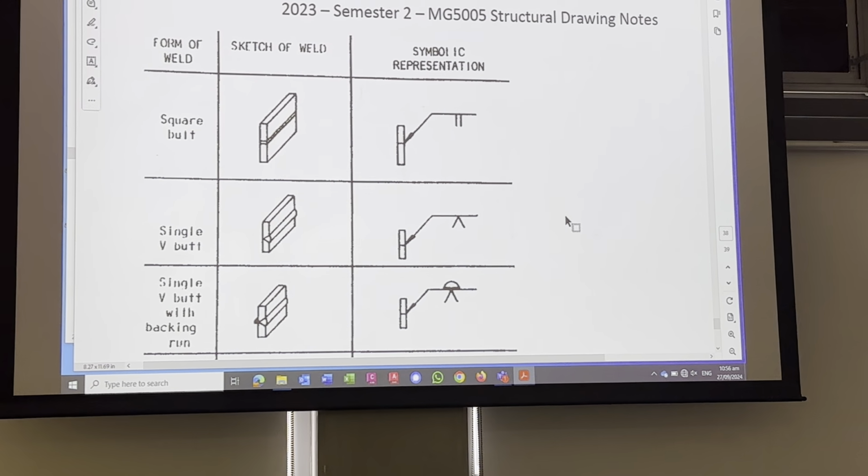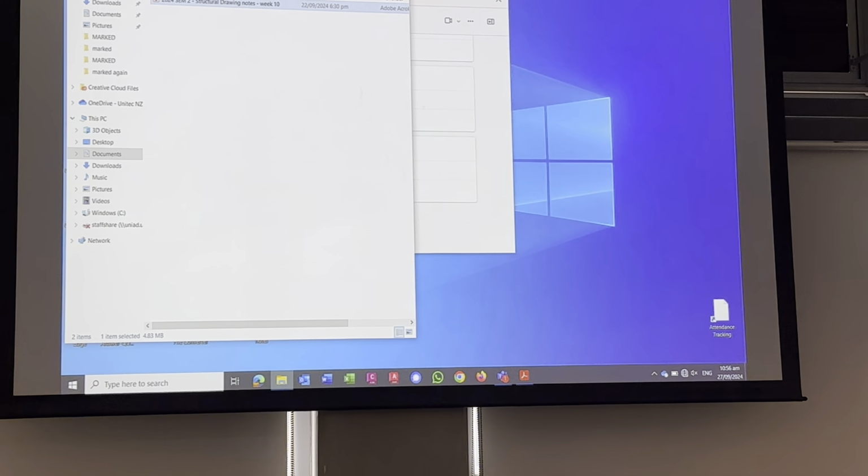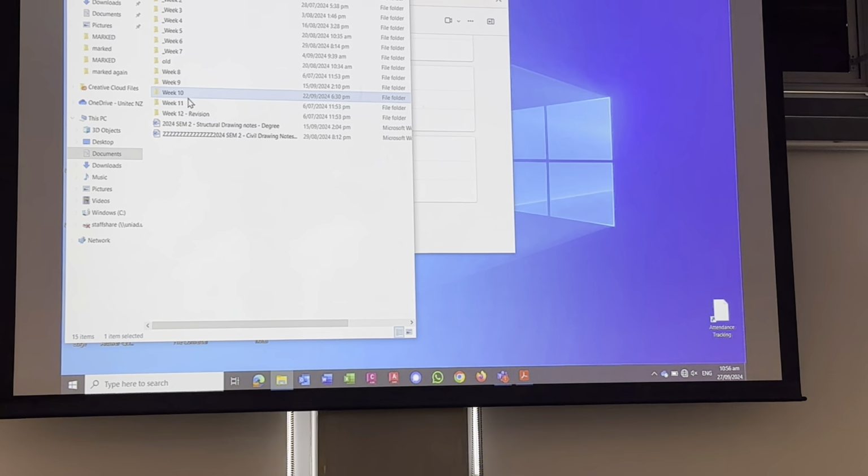You touch base with your team, and then we'll get together and go over this class example in the last hour, the one that I'm going to make available. This one here, which is available on Moodle.